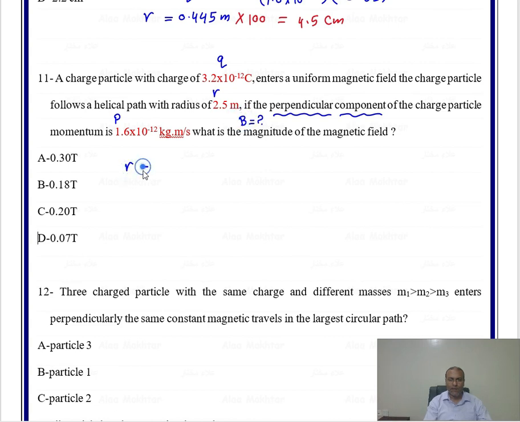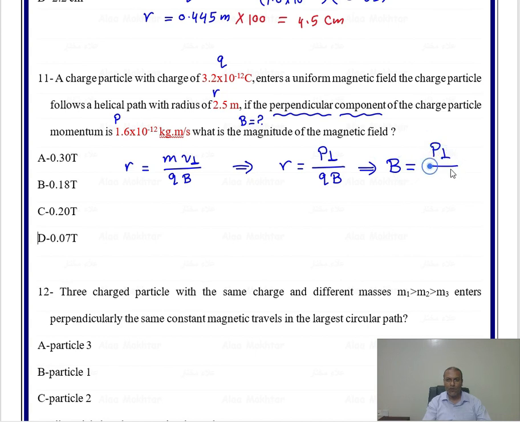Radius equals mv, which v? V perpendicular, over qB. All of us know mv is the momentum. So the radius equals the perpendicular momentum over qB. He asked about the magnetic field, B equals perpendicular momentum over q times r.